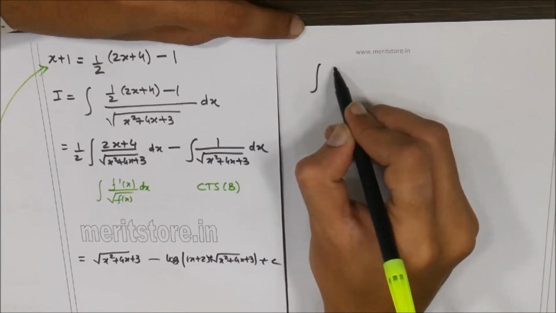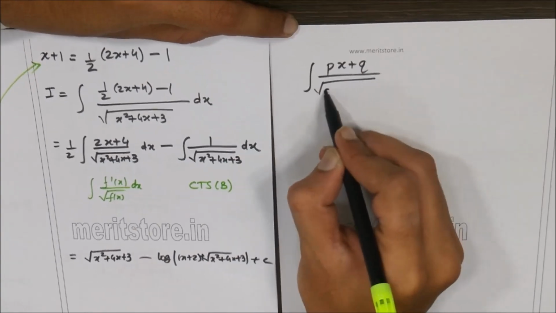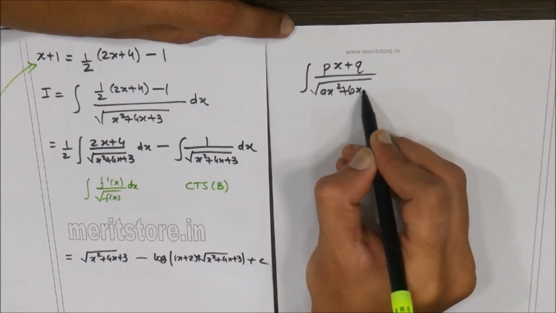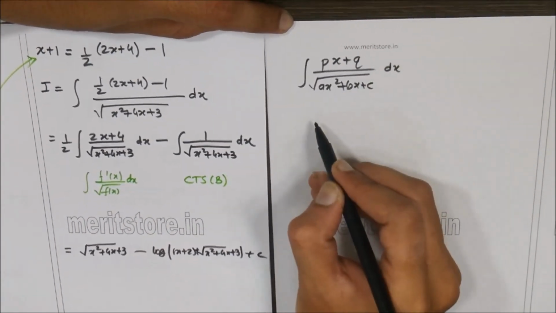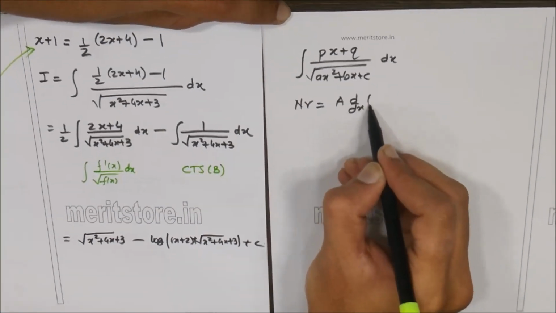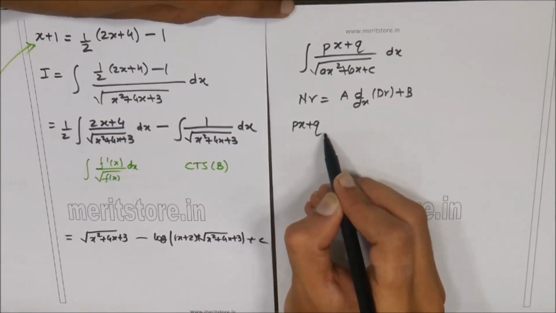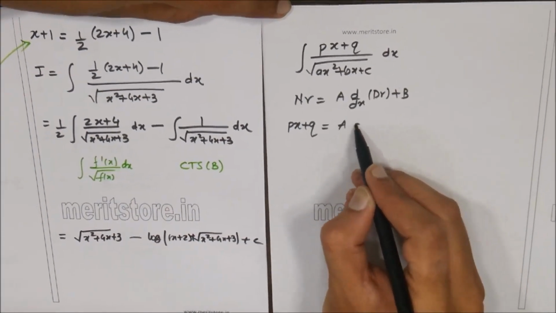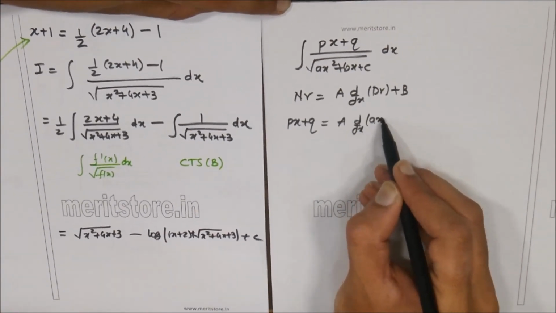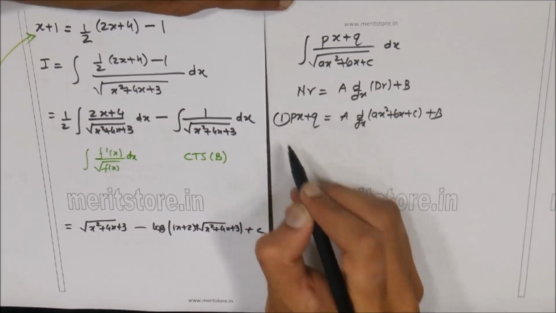So whenever we have px plus q upon root of ax square plus bx plus c, our step would be: numerator equals a times derivative of denominator plus b. That is, px plus q is equal to a times derivative of the denominator, that is ax square plus bx plus c, plus b. Step 1.